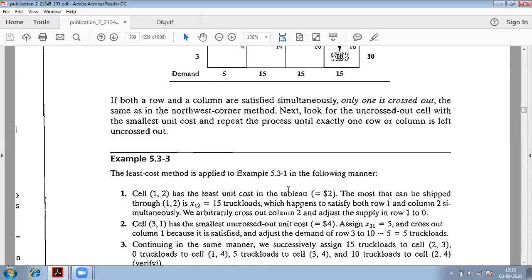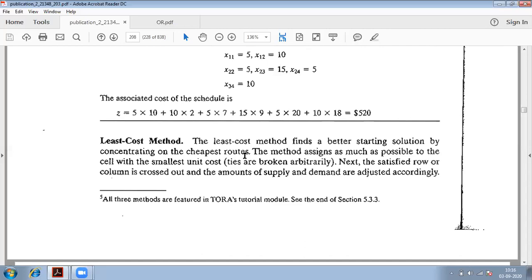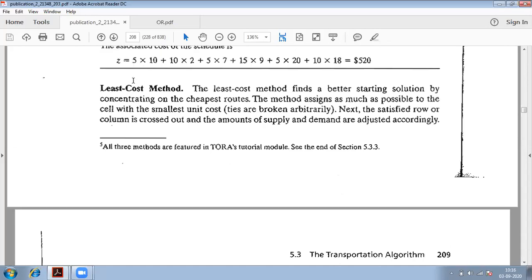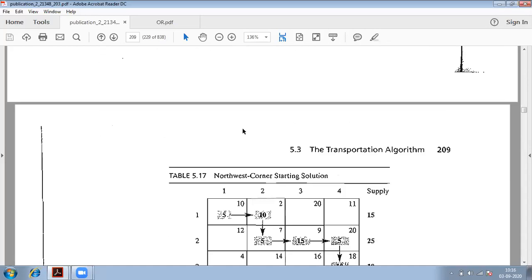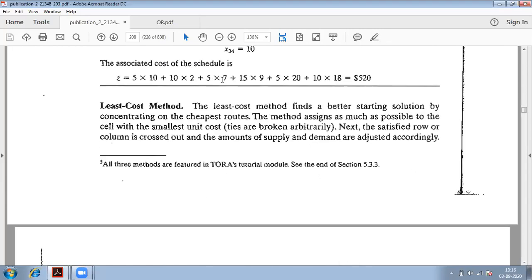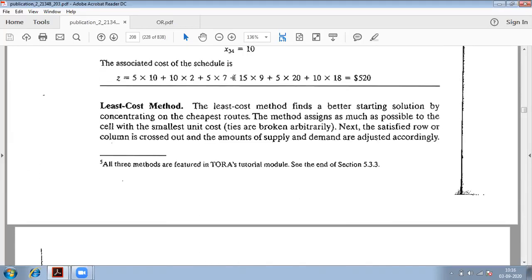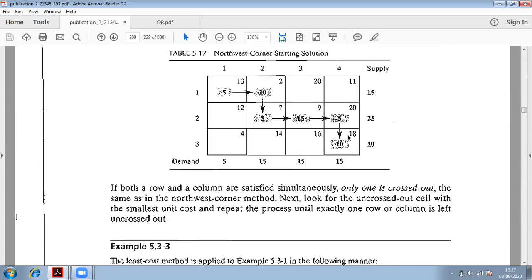So this is a different problem, sorry. Now you see this 5 into 10, next 10 into 2, next again 5 into 7, 15 into 9, again 5 into 20, 10 into 18.